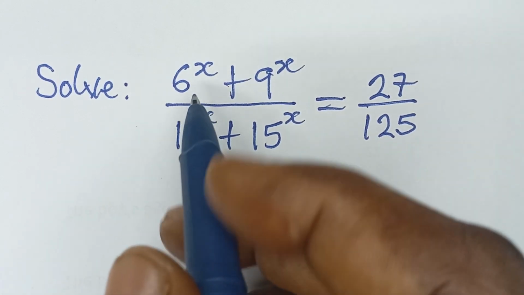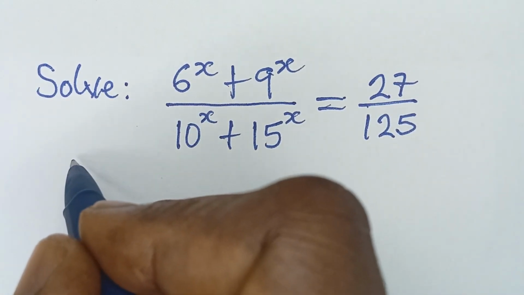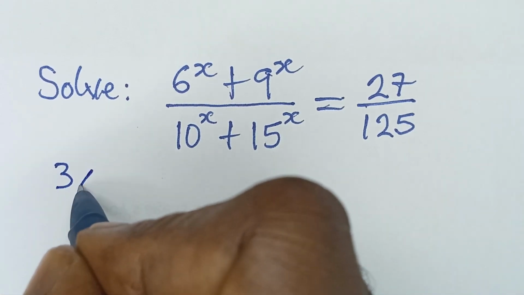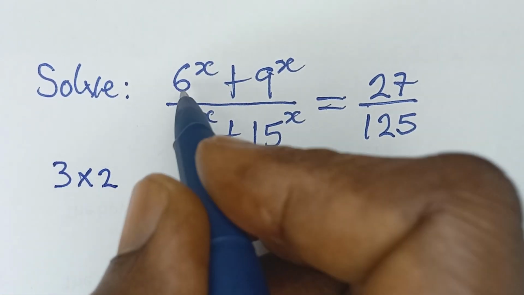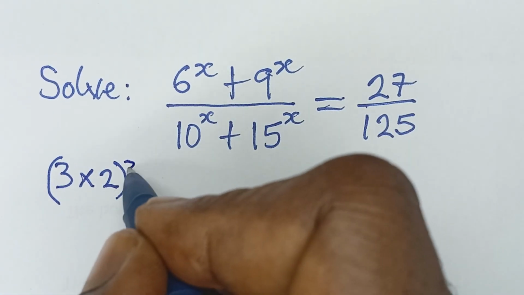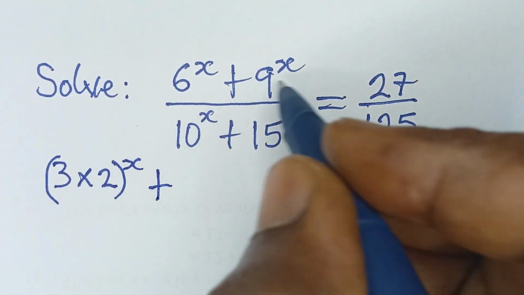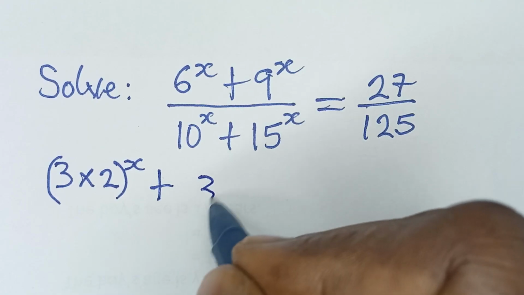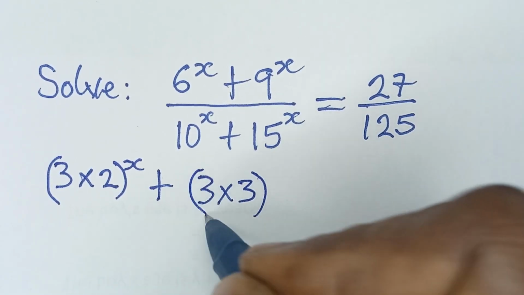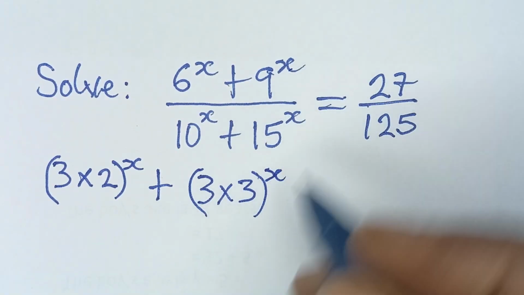So 6 now can be expressed as 3 multiplied by 2. 6 is 3 times 2 and all raised to the power of x. Then plus 9 can be broken down to 3 multiplied by 3 all raised to the power of x there.